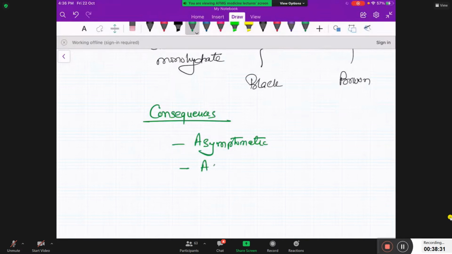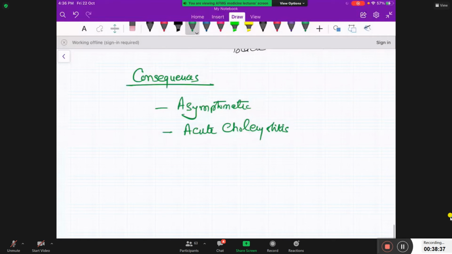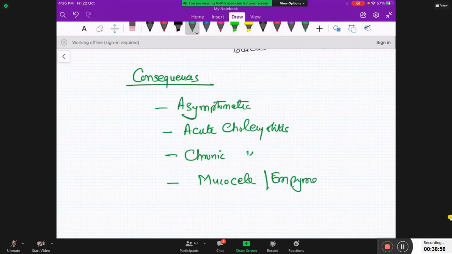One can develop acute cholecystitis because of the gallstones. One can develop chronic cholecystitis also because of the gallstones. One can develop mucocele or empyema of the gallbladder also.